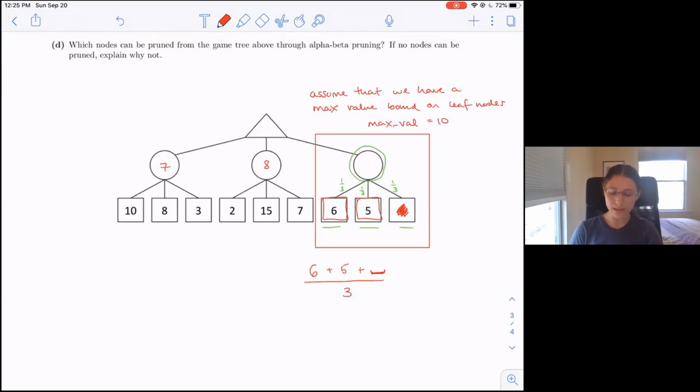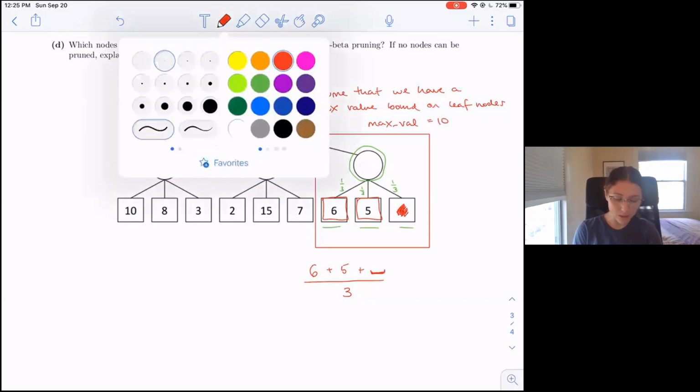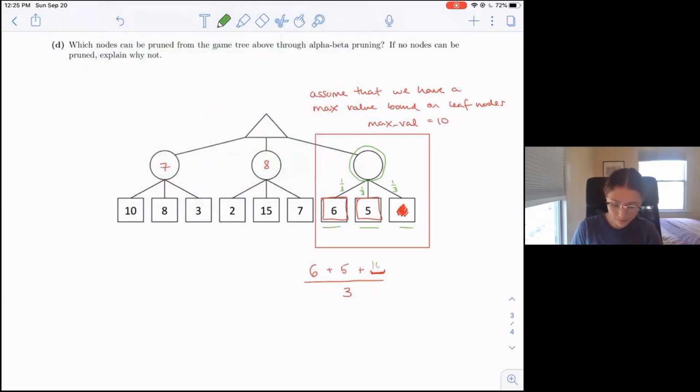If we know that the upper bound on the value of any given leaf node is 10, then we know that in the best case, we would actually see a 10 at this rightmost leaf. What would be the ultimate expectation in this best possible case when we saw a value of 10, which is our max? Well, if we take the average of this, we see that it would be a final value of 7.